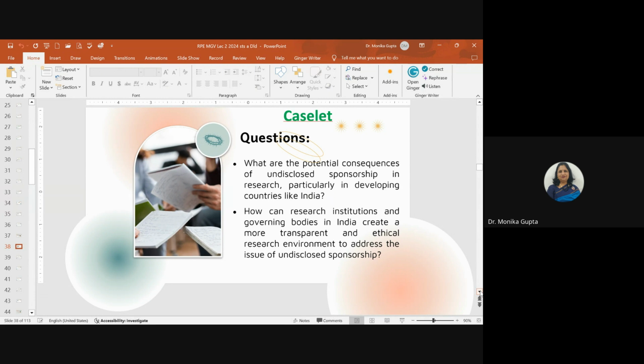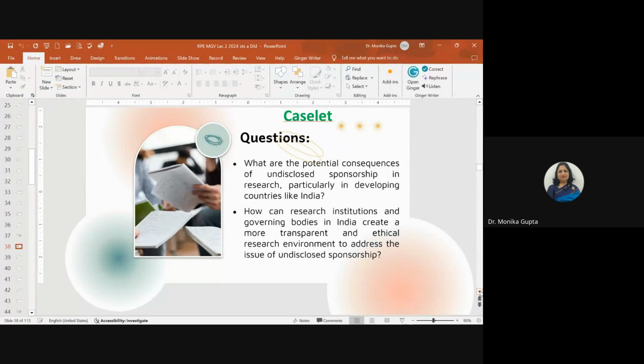And fourth, impact on public health. Misleading research findings can lead to ineffective or harmful treatments, jeopardizing public health. Second question, how can research institutions and governing bodies in India create a more transparent and ethical research environment to address the issue of undisclosed sponsorship?